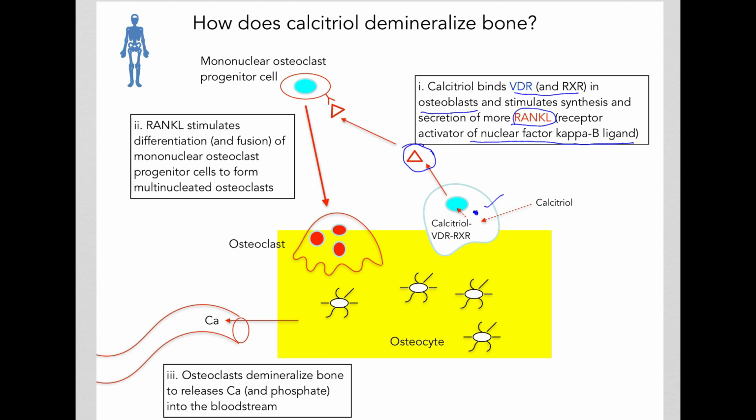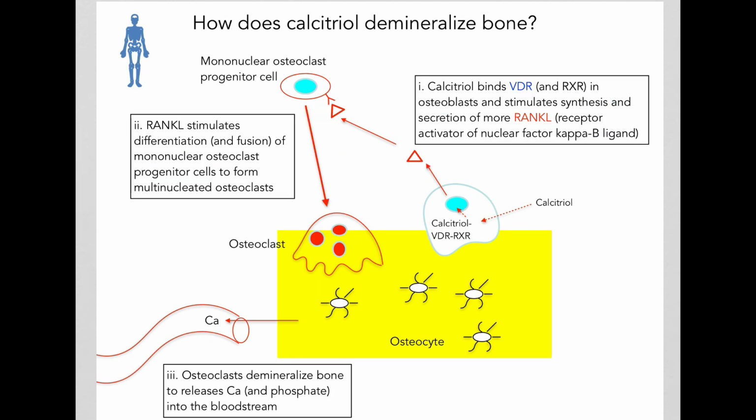Now, this increased production of RANKL will cause the differentiation as well as fusion of the mononuclear osteoclast progenitor cells. So these cells here will fuse and will differentiate into osteoclasts. So more and more osteoclasts will be formed when calcitriol binds osteoblasts.